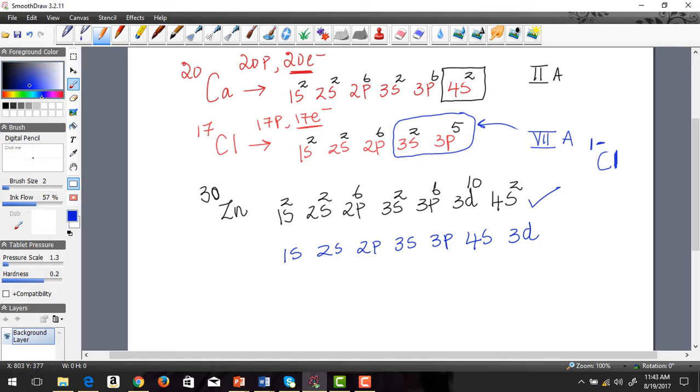But as I said, the 3's will go with the 3's and the 4 would come out, because that's the way the energy is sequenced. Now, if I had done this, it would be 2, 2, 6, 2, 6, 2, and 10.